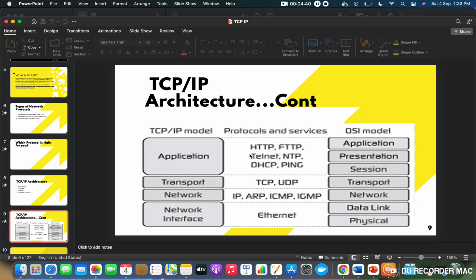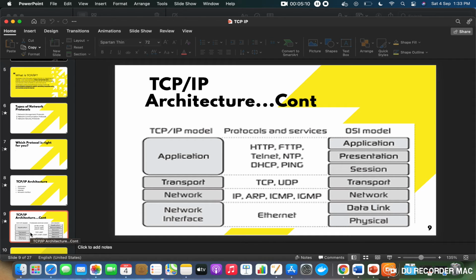The next one is the transport layer, which provides reliable process-to-process message delivery and error recovery. The third one is the internet layer, which is used to move packets from the source to the destination to provide internetworking. And the last one is the network interface, which is responsible for transmission between two devices on the same network.